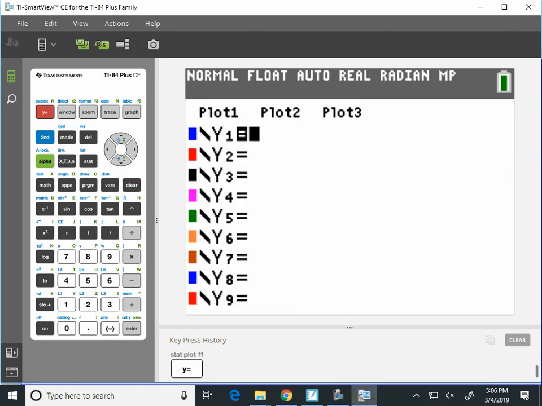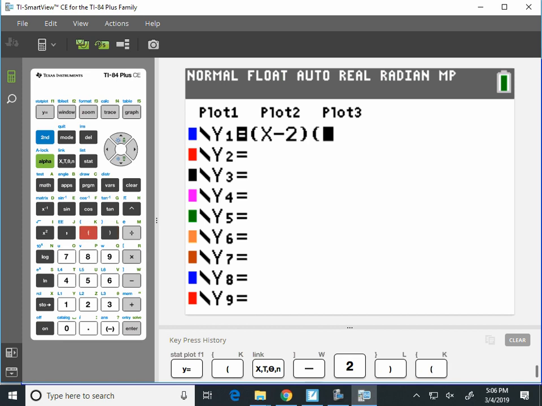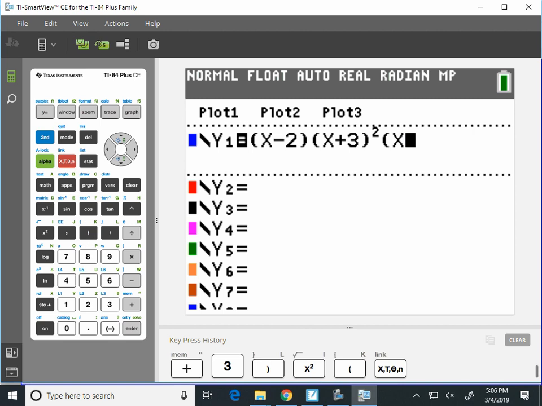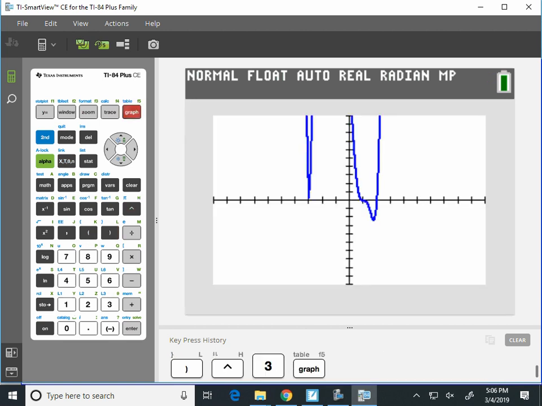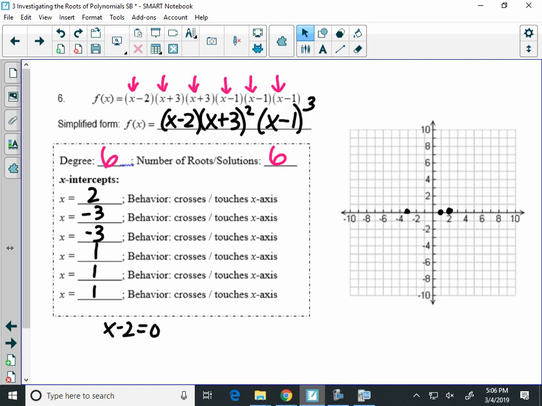Let's go back here. All right, x minus 2 times x plus 3 squared, and x minus 1 cubed. All right, so we have that same squiggly thing again. It comes off the top of the graph, but I can estimate what the picture looks like here.